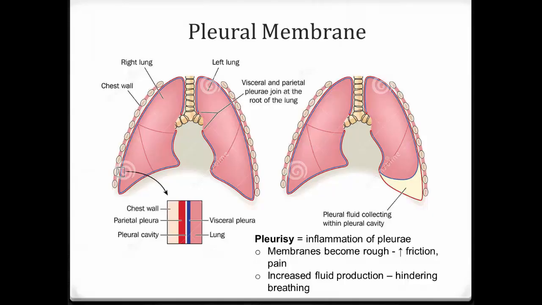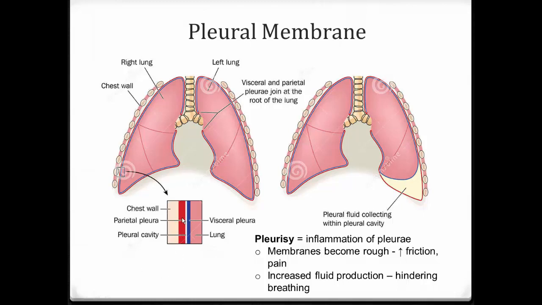Now the pulmonary membranes, or the pleural membranes, are of course coverings over the surface of the lungs. As I showed you before, you could see that in a couple slides earlier. Now these pleural membranes again are serous membranes. They're of course going to be divided into parietal and visceral pleura.